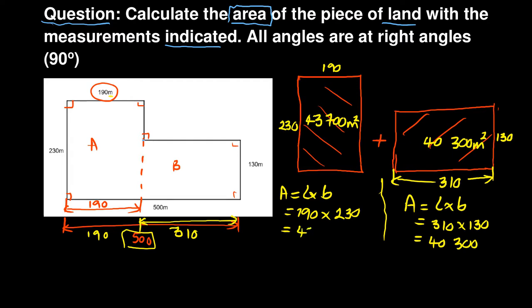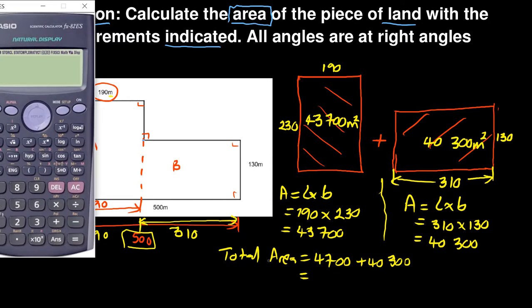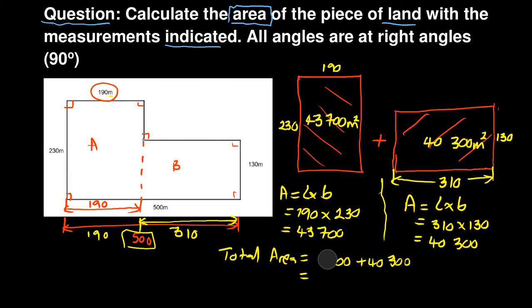So here we said it was 43,700. Now, as I said, I need to find the total area. So the total area in this case is 43,700 plus 40,300.